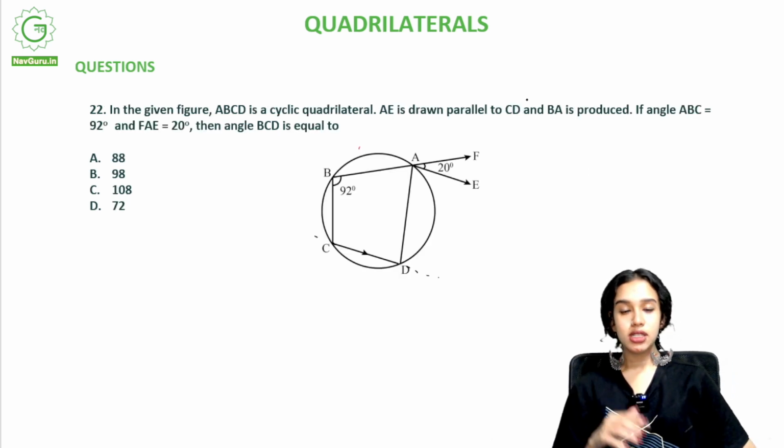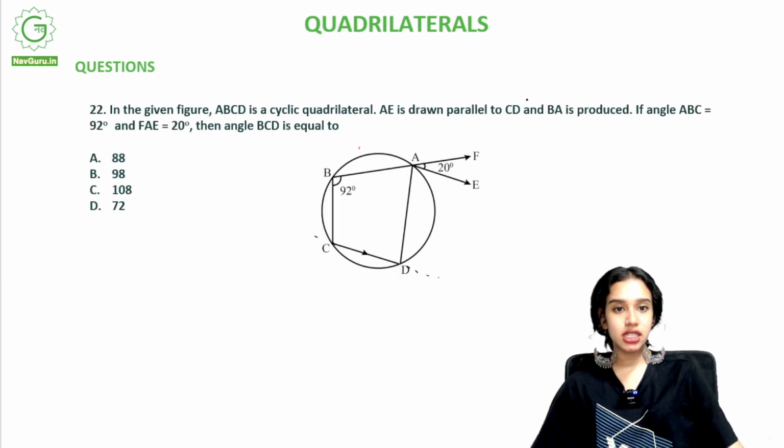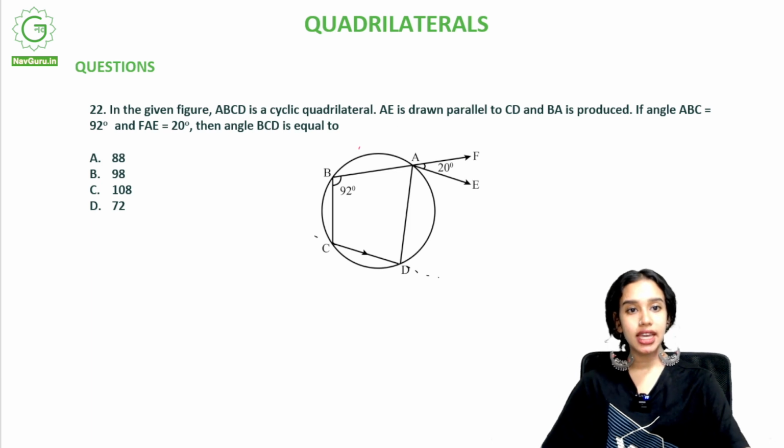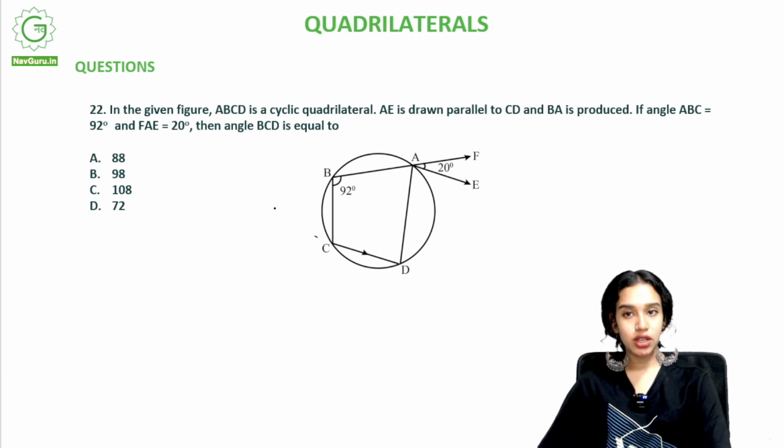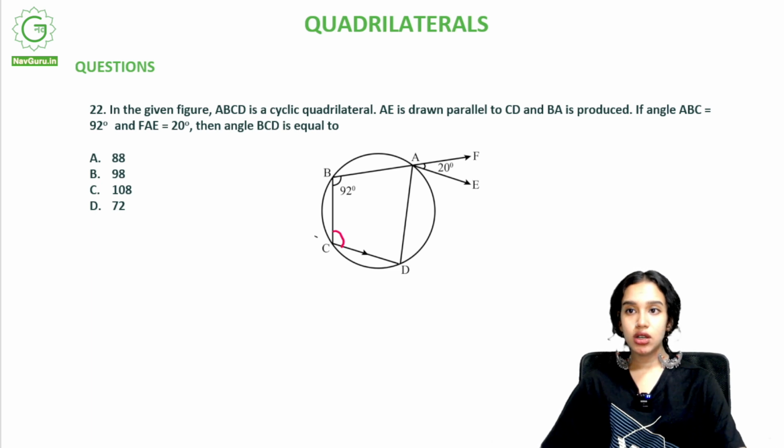Let's solve this question. In the given figure, ABCD is a cyclic quadrilateral. AE is drawn parallel to CD and BA is extended, right? Now, if angle ABC is equal to 92 and angle FAE is equal to 20 degrees, the angle BCD is equal to. So what angle do we have to find here? We have to find this angle. So what all do we have?